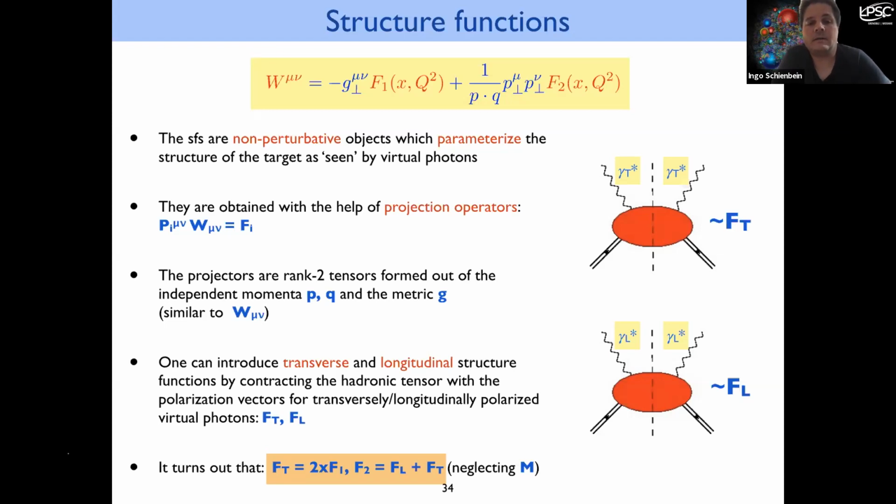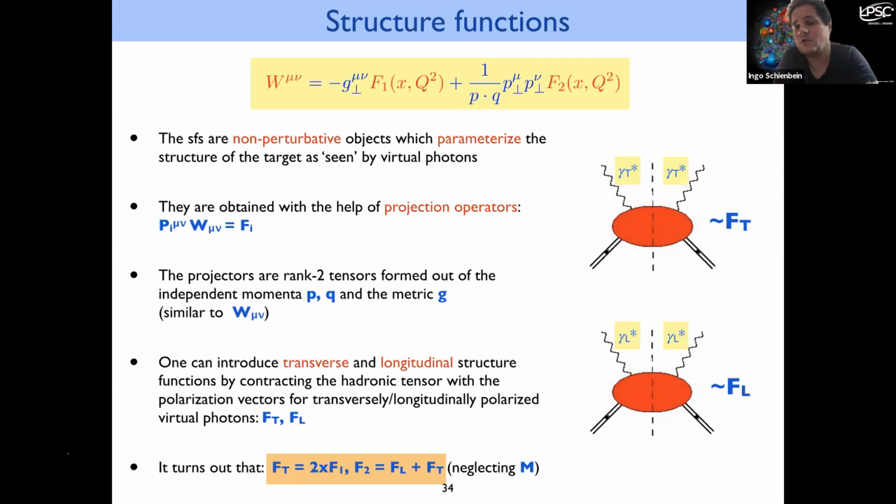Now, one can introduce transverse and longitudinal structure functions by contracting the hadronic tensor with the polarization vectors for transversely or longitudinally polarized virtual photons. That is shown on the right side in these figures. So if you take polarization vectors for a virtual transverse photon and contract the hadronic tensor with it, the result will give you what is defined as the transverse structure function.